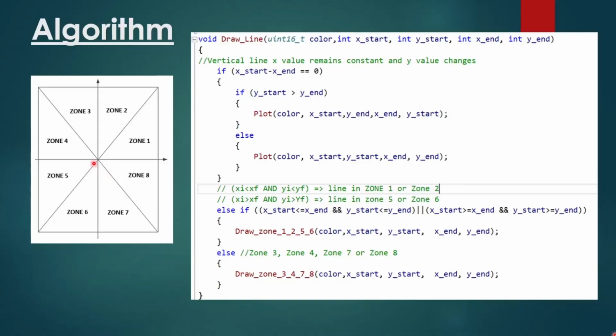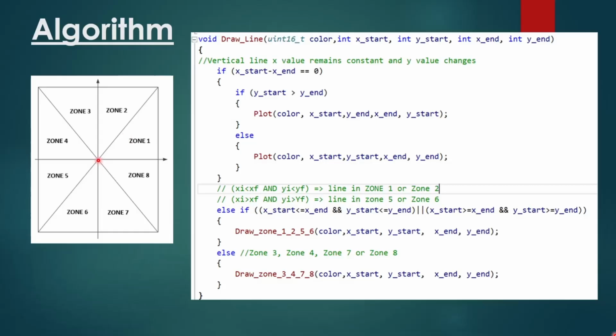The reason is, for example, let's look at this picture. In this case, if the initial coordinates are at this point and the final coordinates are at this point, then the x and y initial are less than the x and y final coordinates, and that's what we want to always have. The initial values less than the final values, and in this case it would work just fine.